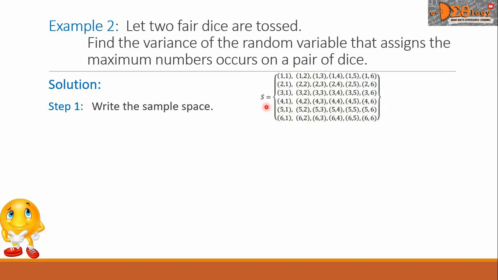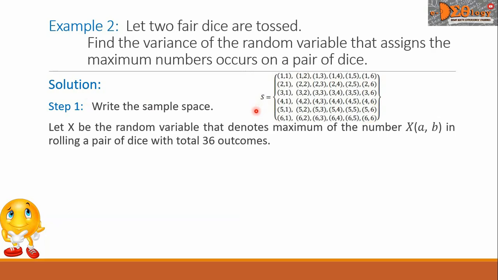So we have here the sample points from 1,1 going down up to 6,6. This is the sample space. Now, let capital X be the random variable that denotes the maximum of the numbers A, B in rolling a pair of dice with total 36 outcomes.